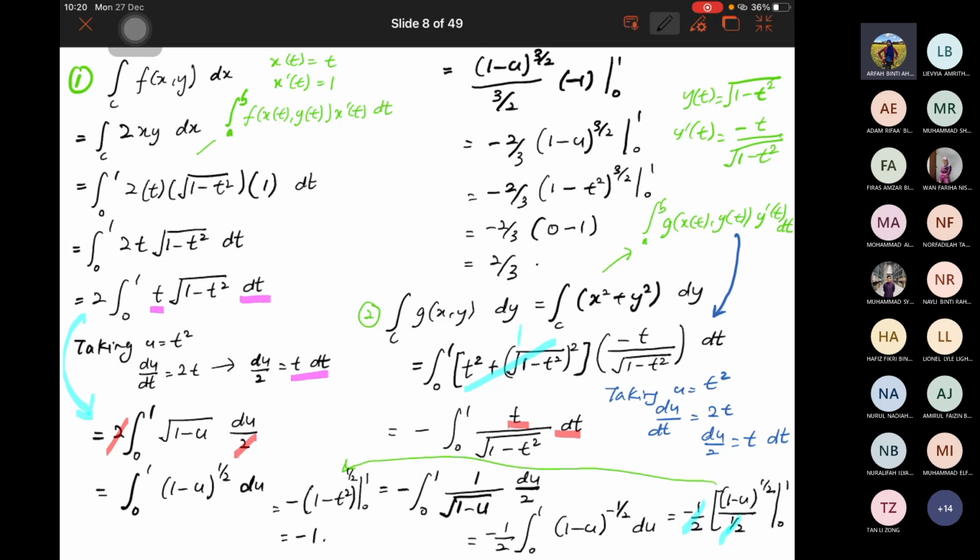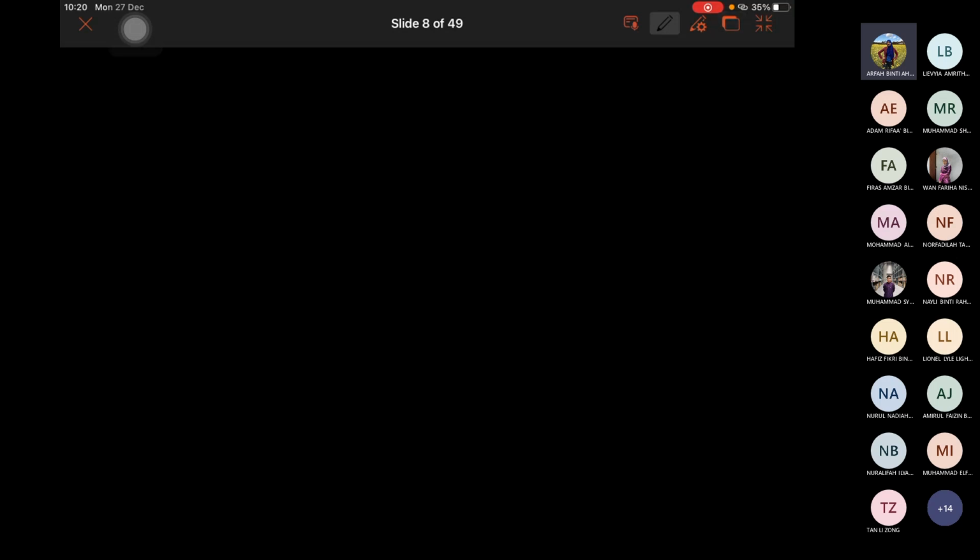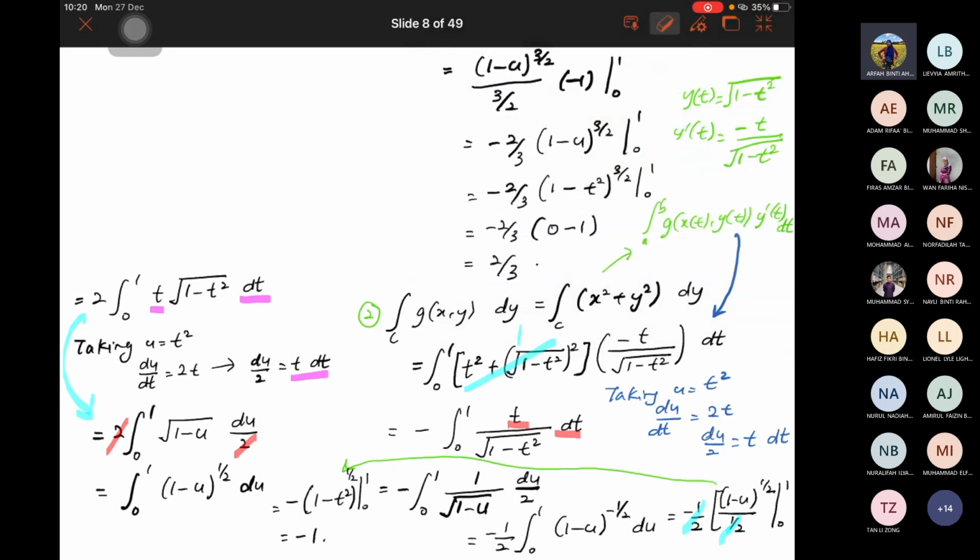So, kalau kita tambahkan kedua-duanya, so if we substitute integration over the curve C f of xy dx plus integration over the curve C 2xy dx plus y squared dy.